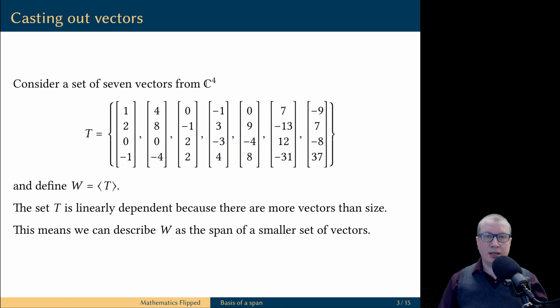This is an indication that we do not need all vectors from the set T to describe the same span W. Some vectors are not necessary and we can discard them. Let's figure out which vectors we can discard and how we know that these are the vectors that we can discard.